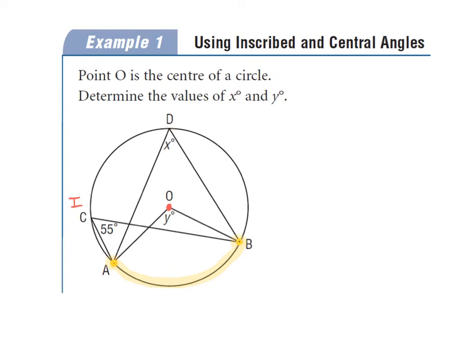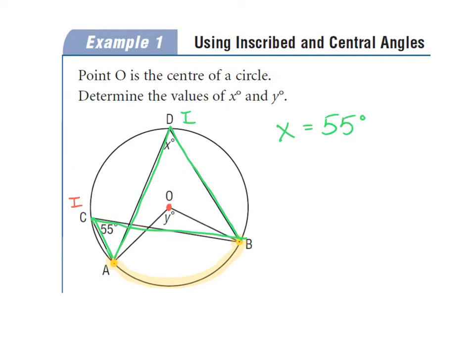Maybe I'll just highlight it in green compared to that inscribed angle there. Well, I know that any inscribed angle off of the same arc, subtended by the same arc, is going to have the same value. They are congruent. So that means if this angle over here is 55 degrees, angle X is also 55 degrees.